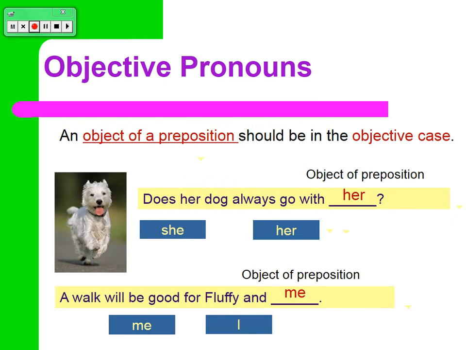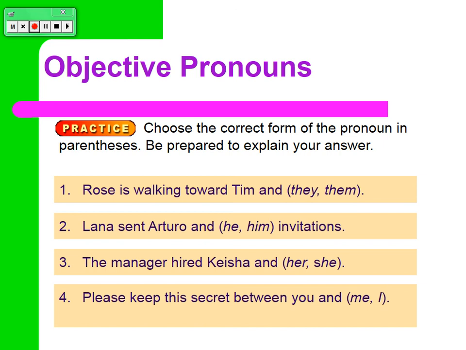Okay. So here's some practice. For number 1, it says, Rose is walking toward Tim and blank. Okay, which one should I choose for the object? The answer is them. Okay, that's the object pronoun out of these.